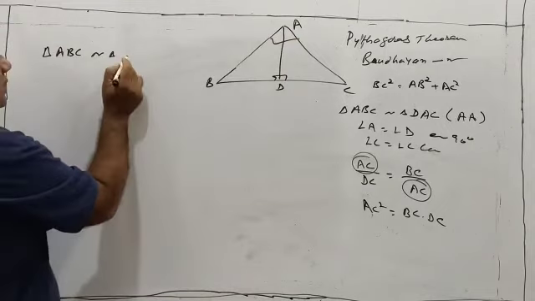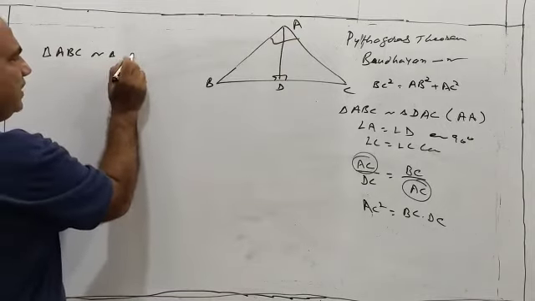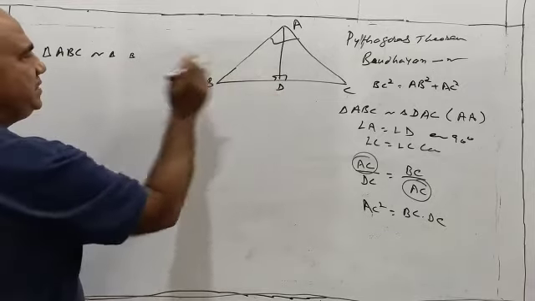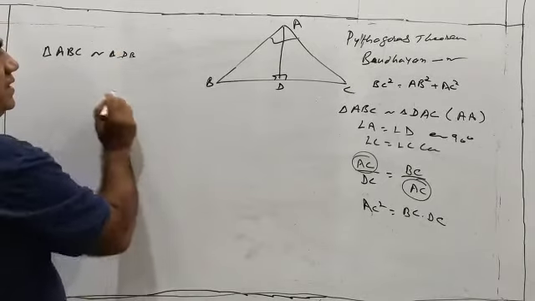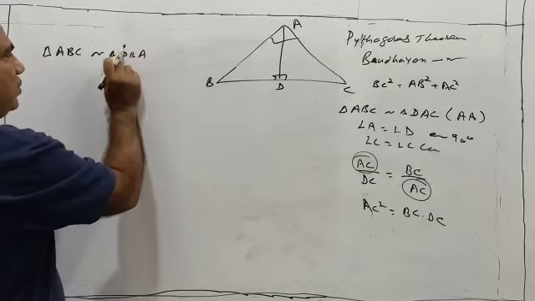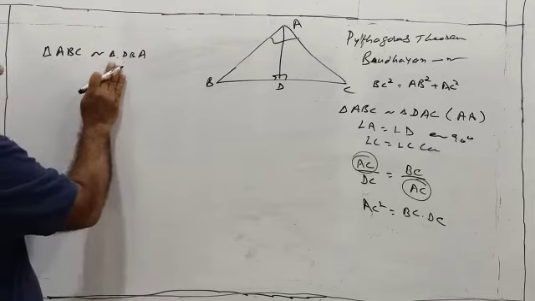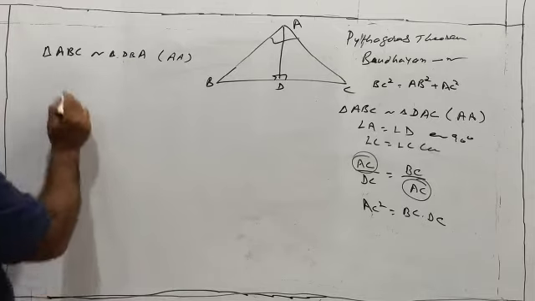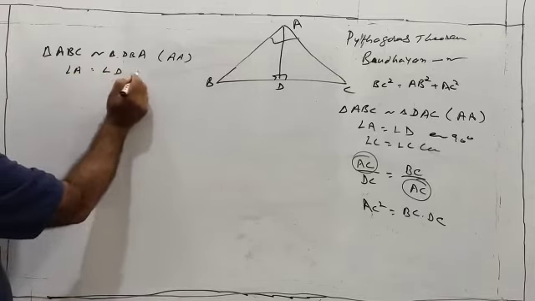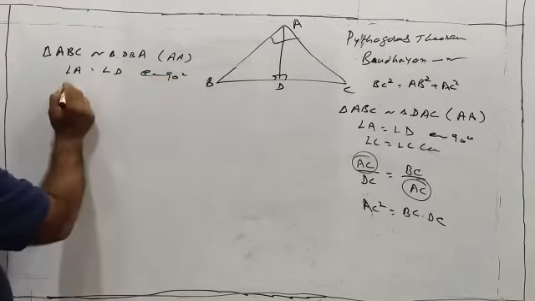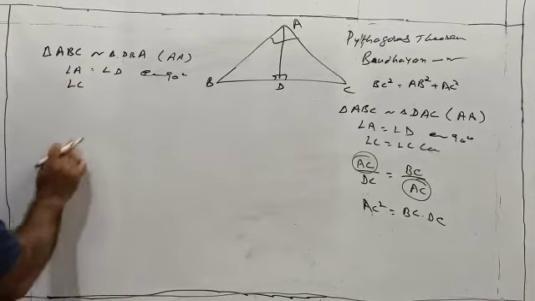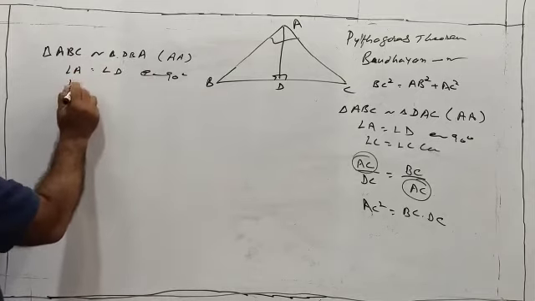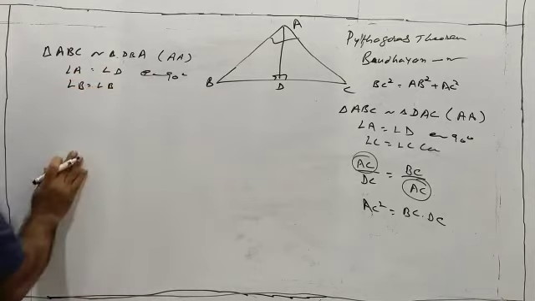So B is in the central position, so I will write at the second position B, and wherever A is there, A is 90 degrees, so in this triangle it is 90 degrees, so this will become D, and the third point is A. So what I have written, this triangle ABC is similar to triangle DBA, and this is by AA similarity. If you further want to write, you can write angle A is equal to angle D, each 90 degrees. Also you can write angle C, sorry, this time it is angle B. Angle B is equal to angle B, and there too it is common.